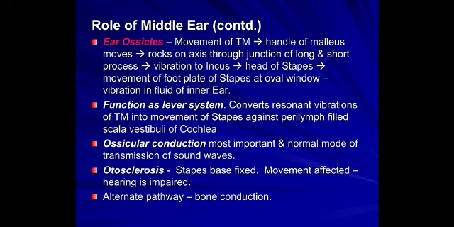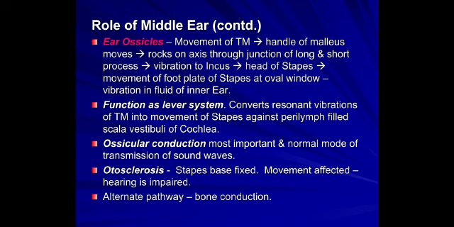In the absence of ossicular conduction, it is called acoustic conduction. For example, in a disease like otosclerosis, where the base of the stapes is fixed, the movement is affected, thereby impairing the hearing. The alternate pathway is bone conduction.